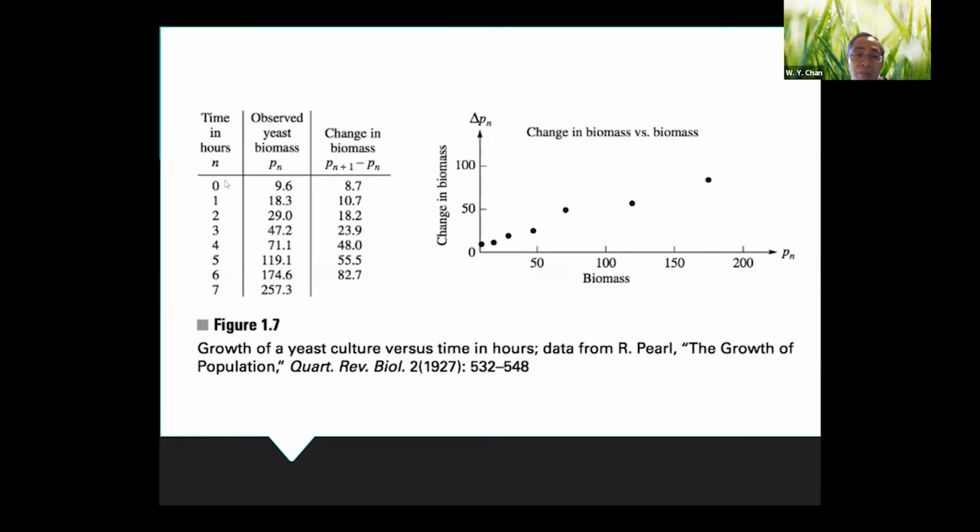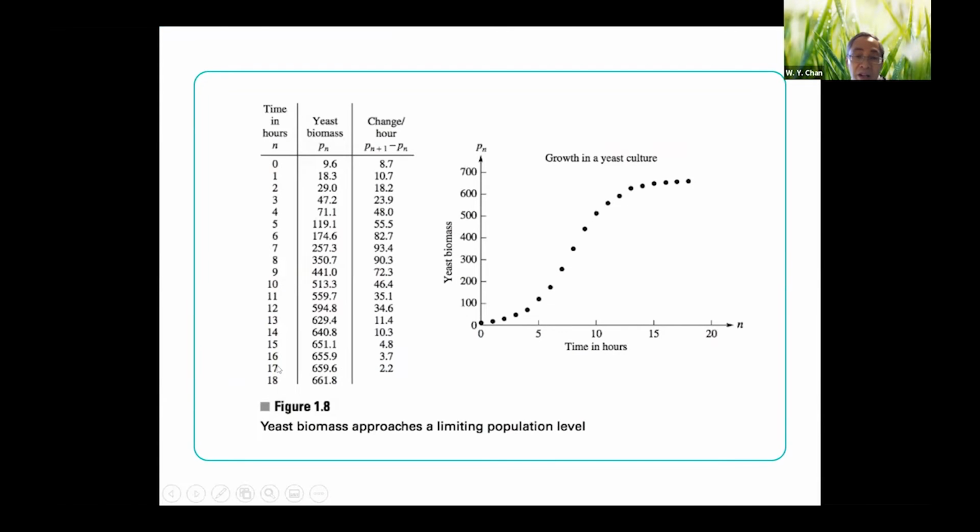But the time horizon we have is from 0 to 7 hours. If we go further on the time horizon, then the nature of the problem will be changing. The data points are no longer a straight line anymore. It could be a nonlinear function or a logistic equation.